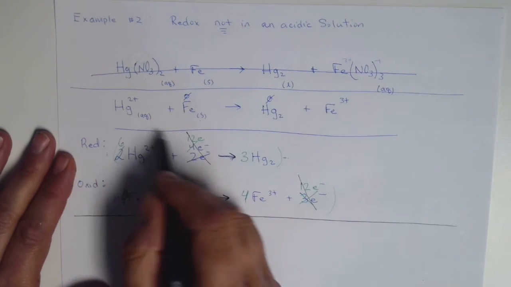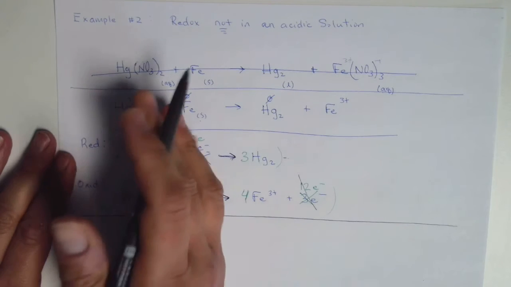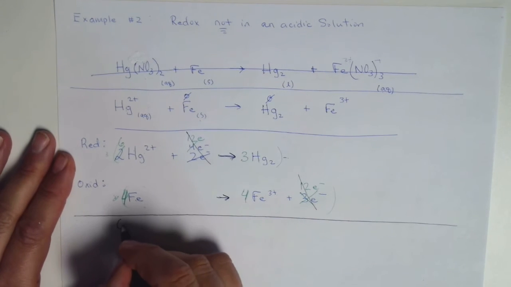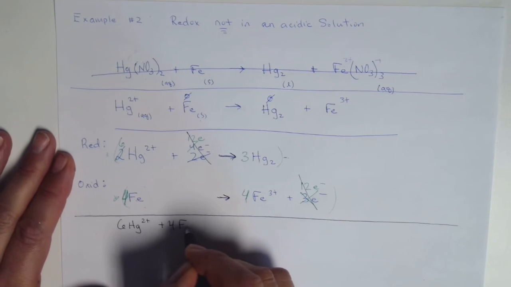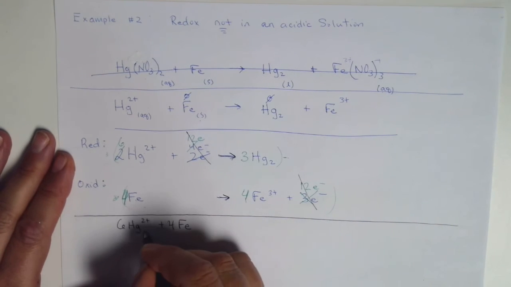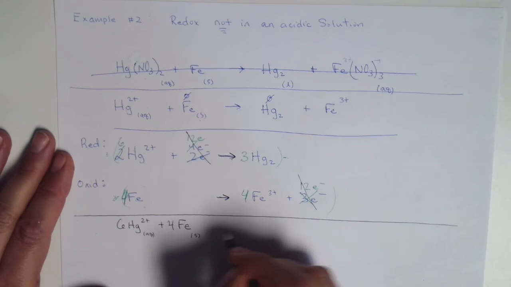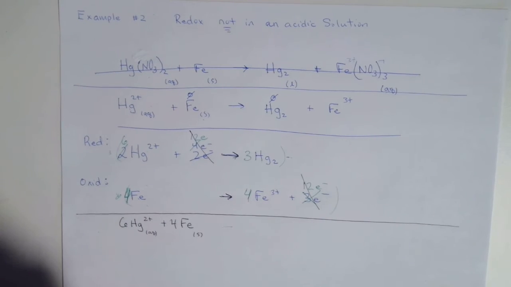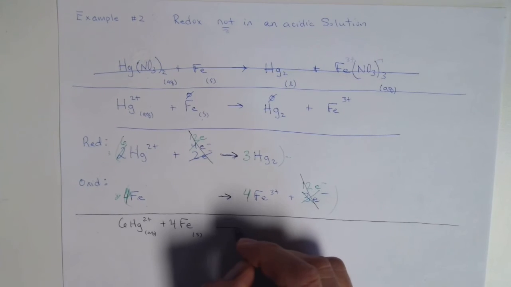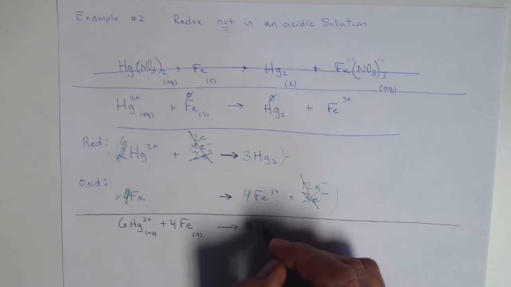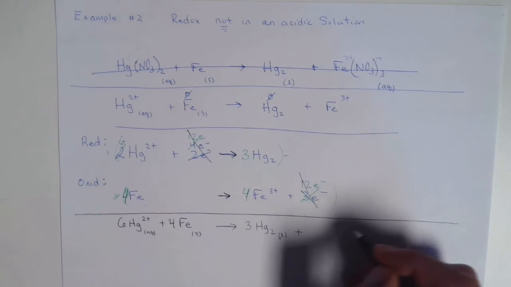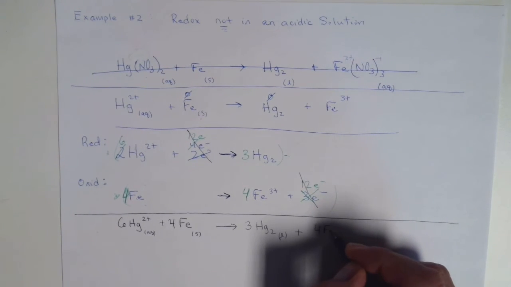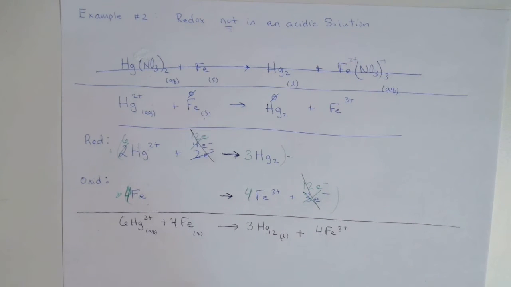So let's bring down all the reactants, everything to the left except the canceled out electrons. 6 mercury ions plus 4 solid irons yields, and this pen is kind of funny, yields 3 liquid mercuries plus 4 iron 3 plus.